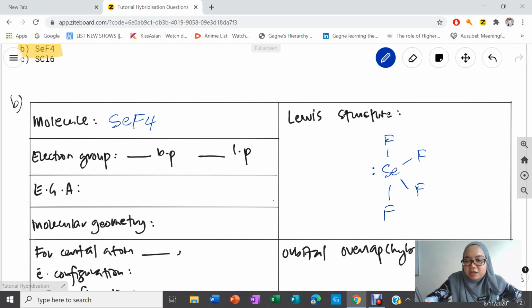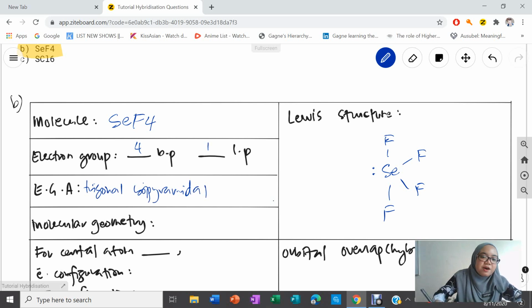If you look at it, how many bonding pairs are there? 1, 2, 3, 4, so 4 bonding pairs and 1 lone pair. So the total is 5, and the electron group arrangement should be trigonal bipyramidal. However, the molecular geometry only sees the bonding pairs, so this is the seesaw shape.